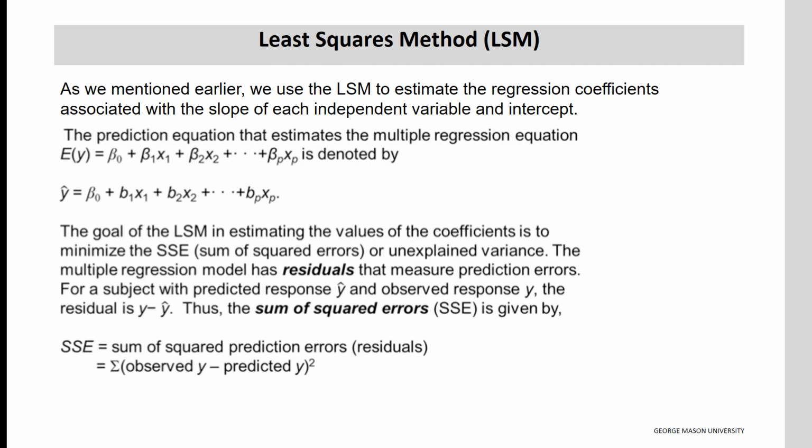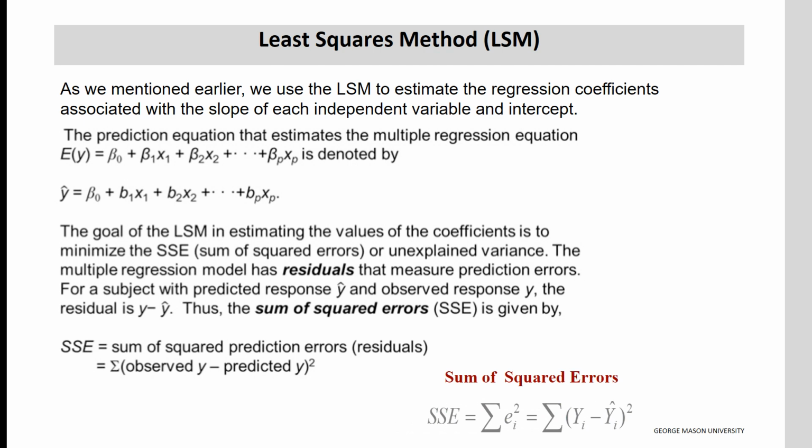Again, the goal of the LSM in estimating the values of the coefficients is to minimize the sum of squared errors, basically the SSE, which is our unexplained variance in the model.